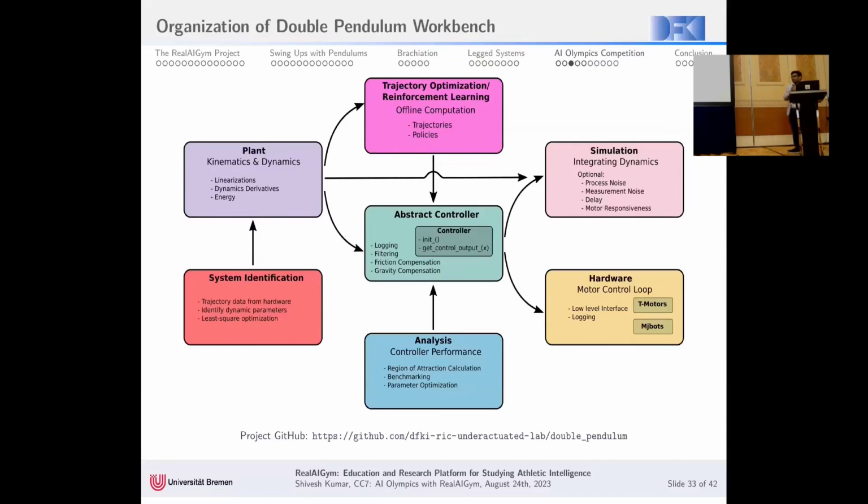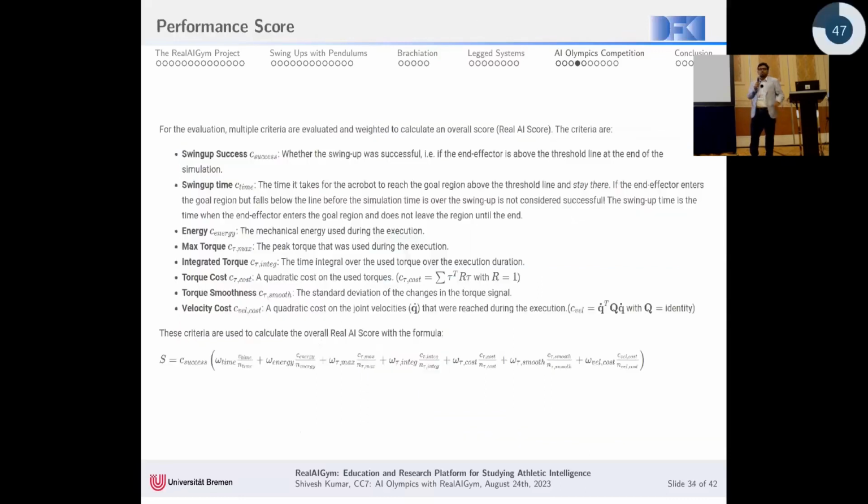We provided a scoring system for judging the performance of the controller, and these included different criteria like the success of the swing up, because this is already a very challenging problem to bring the double pendulum into the upright unstable posture.